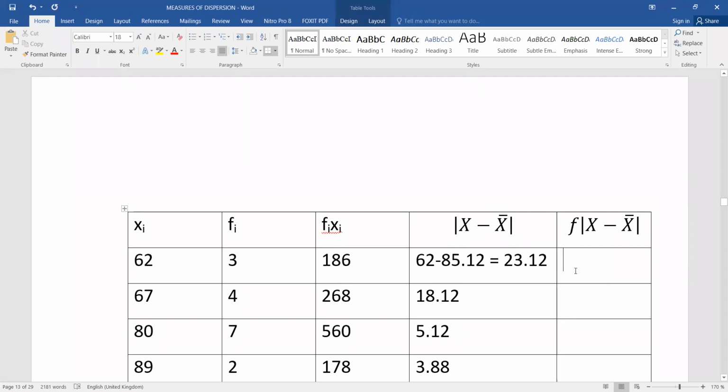We multiply 23.12 by the frequency, which is 3. We shall have 69.36.